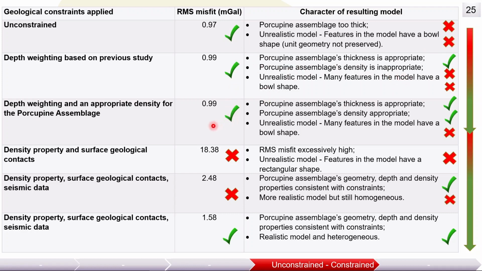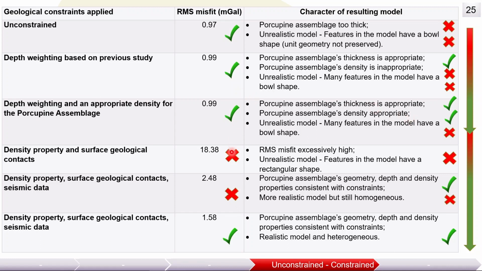Moving on, by doing depth weighting and changing the density for the starting model, the misfit will be the same, but the geological interpretation and the resolving of the density property will be better.